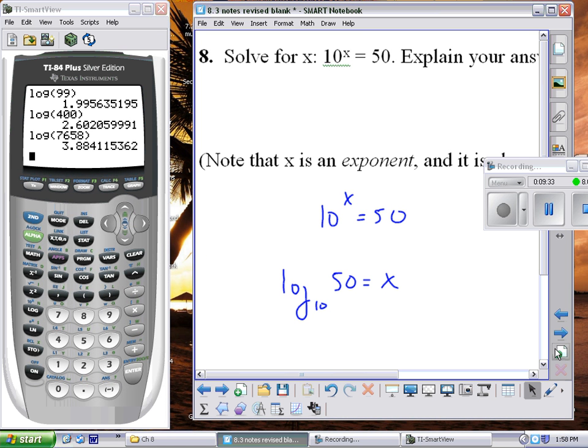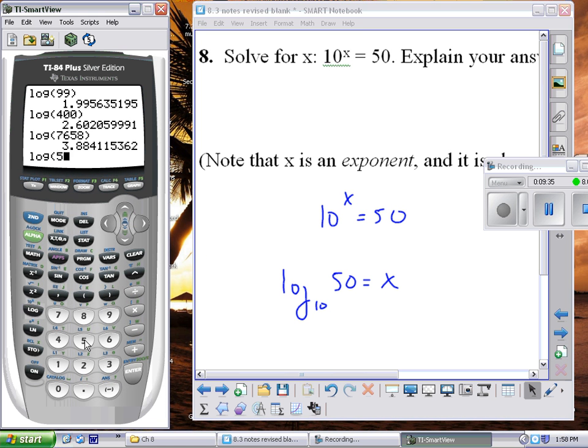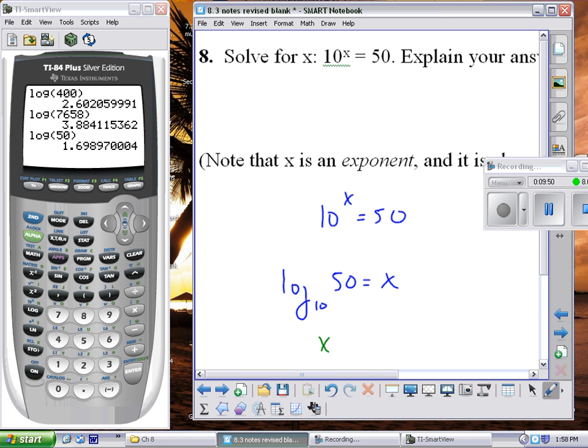So I'm going to go log 50, log base 10 of 50, and whammo, 1.69. Okay, so 10 to the 1.699 is my number.